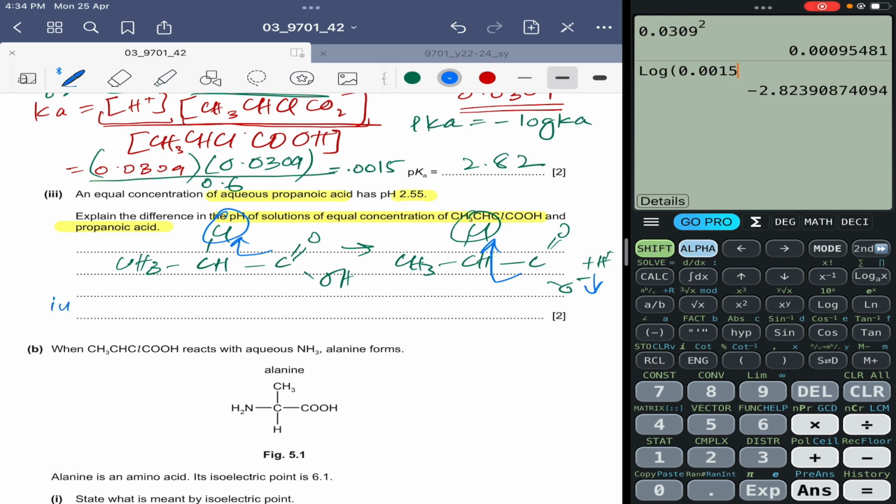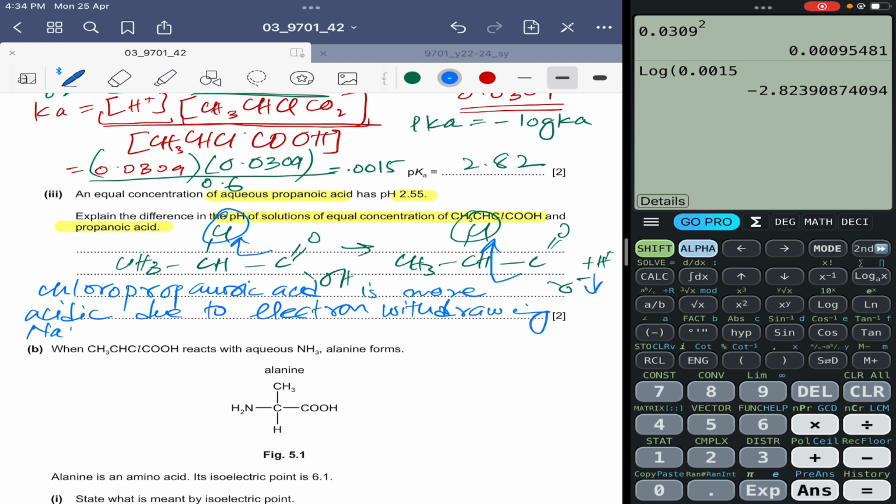So chloropropanoic acid is more acidic due to the electron withdrawing nature of Cl, which lowers the negative charge intensity on the oxygen of the carboxylate ion, due to which it becomes difficult to regain a proton.